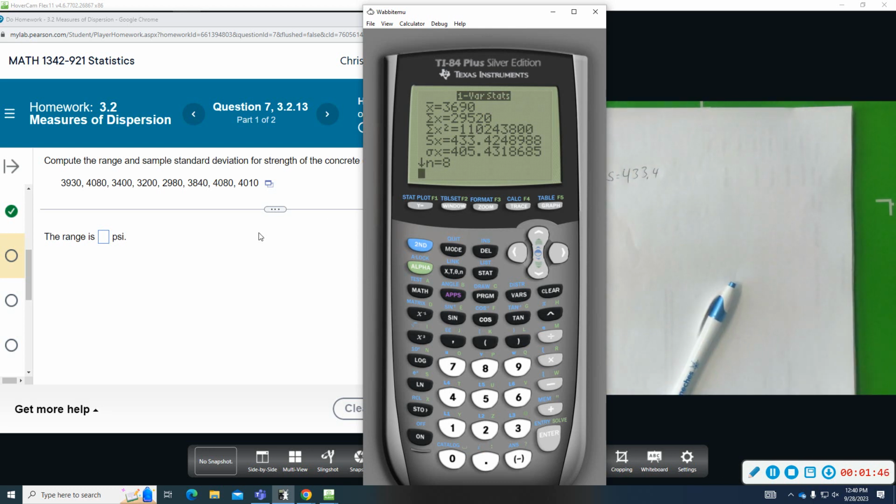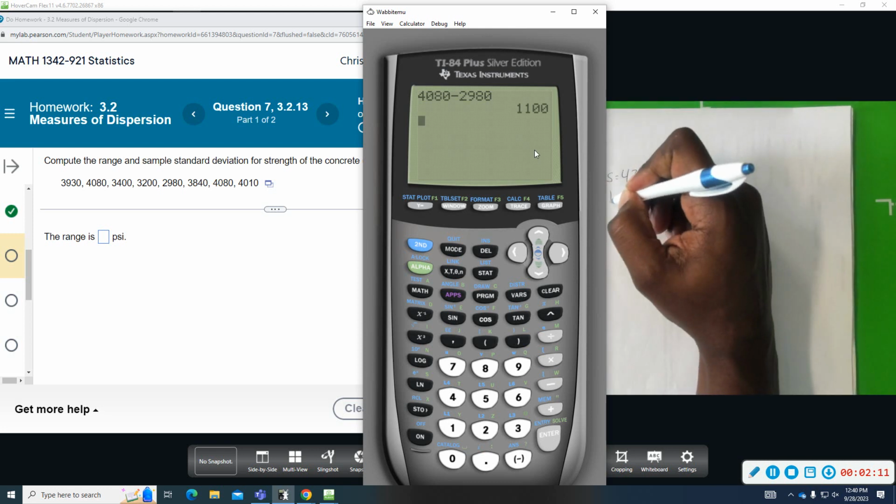The range is going to be the difference between the largest and the smallest value. So if you scroll down, you have more information. It tells you what the smallest value is, the minimum, and what the maximum value is. So 4080 minus 2980, and that gives us a range of 1100.